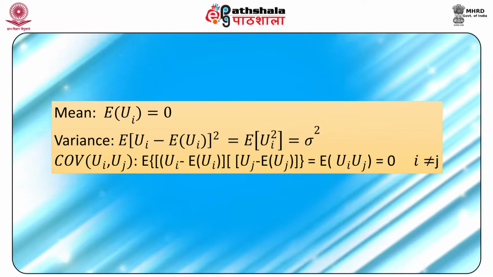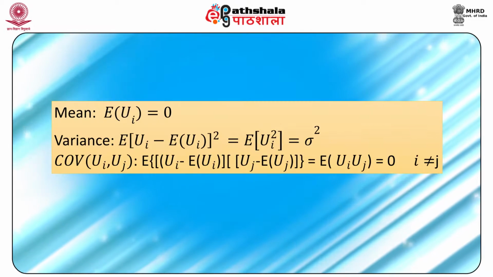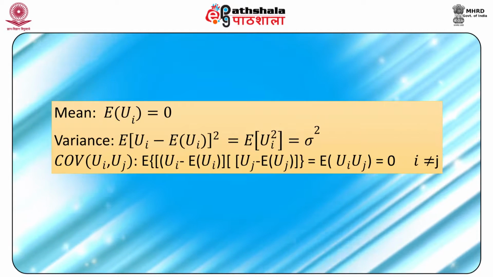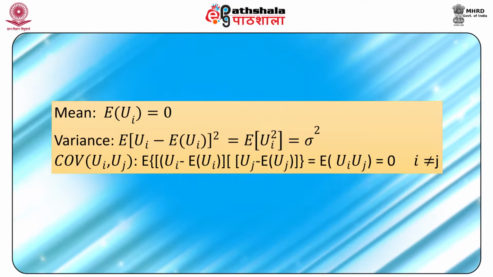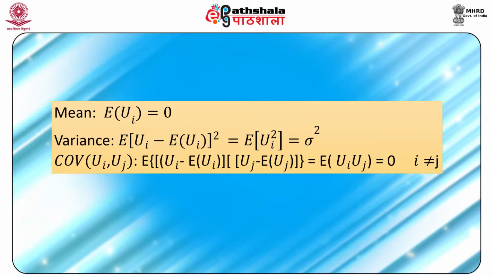Variance we define as the expected value of mu i minus expected value of mu i, squared, which is the expected value of mu i square, equal to sigma square.